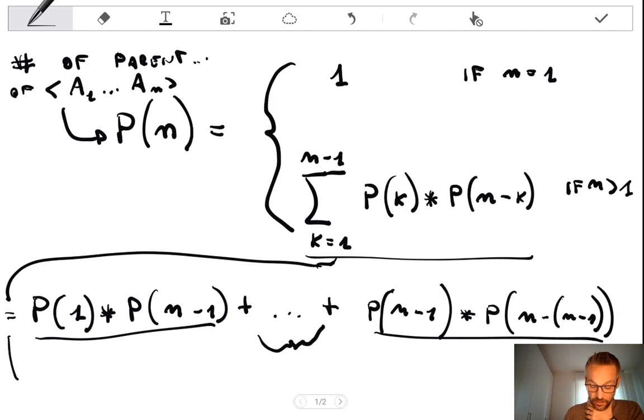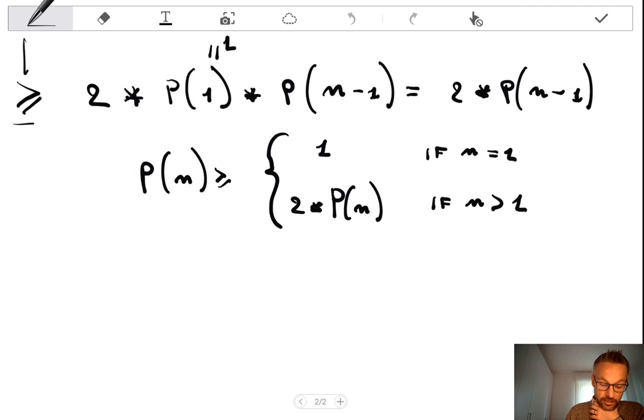I'm just saying that this sum is greater than this one, so since it's greater, I don't care about them. I simply want to reduce the problem to this inequality, which is much easier to solve.